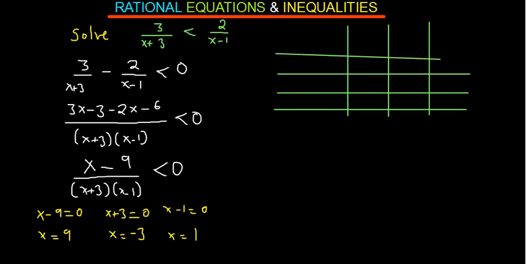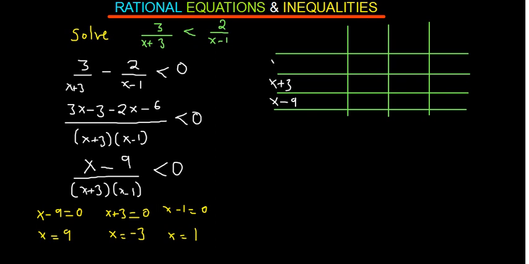There should be 3 spaces there because we have 3 factors that we need to put there. So I'll get first this one on top, which I equated to 0, and put it here, x minus 9. I'll get also this one, x plus 3, and put it here, x plus 3. I'll also get this one, the x minus 1.